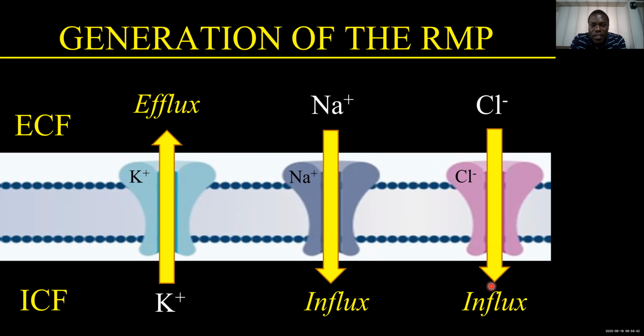I'm expecting someone to then start asking themselves, if potassium is always moving out of the cell, at what point will it stop? Or will we deplete the intracellular fluid? So I've already asked that question for you. At the end of this lecture, you should have an answer to that question.